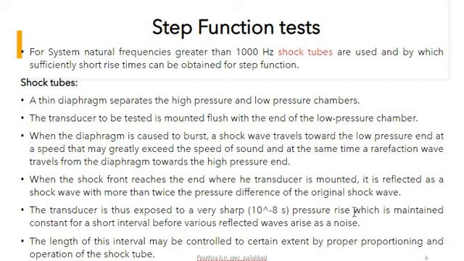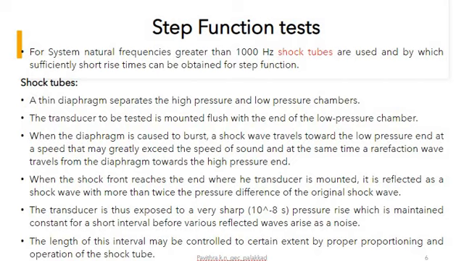So we need to maintain this pressure wave for about 10⁻⁸ seconds, a short duration, in order to stop all other reflected waves. The length of this interval may be controlled to a certain extent by proper proportioning and operation of the shock tube.